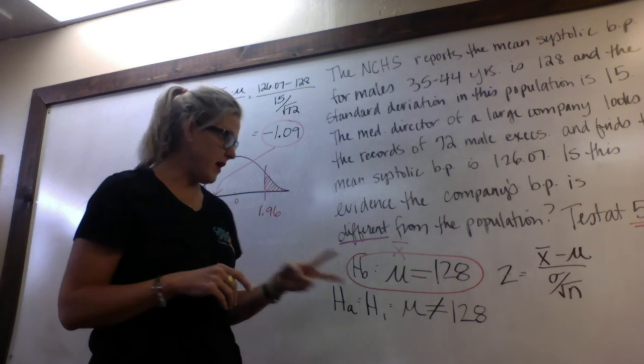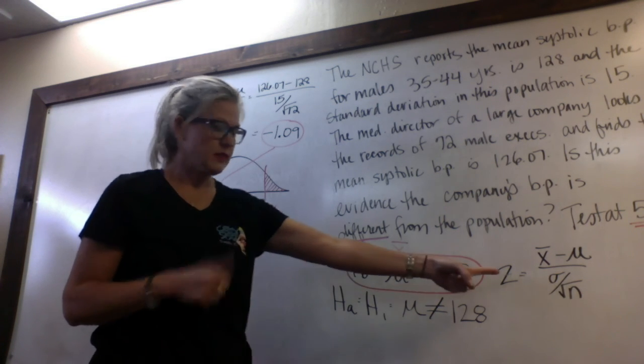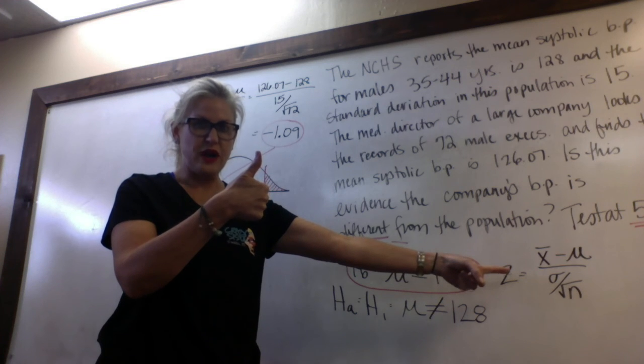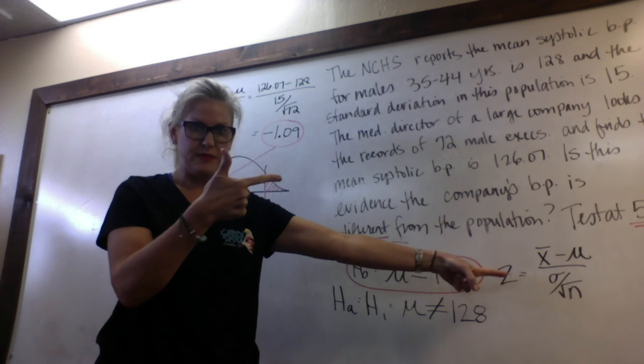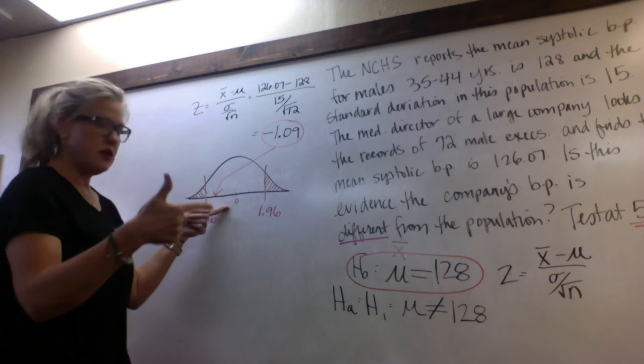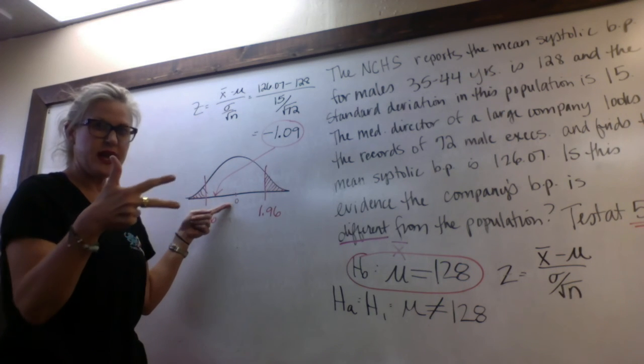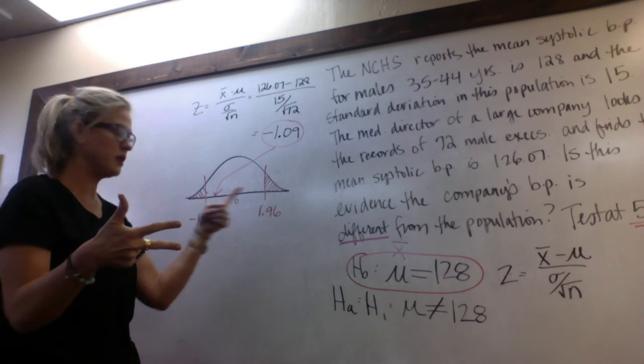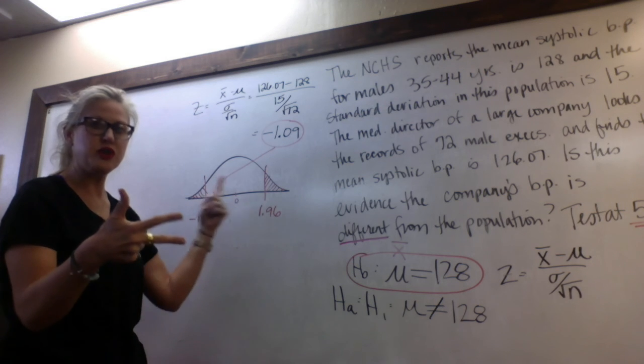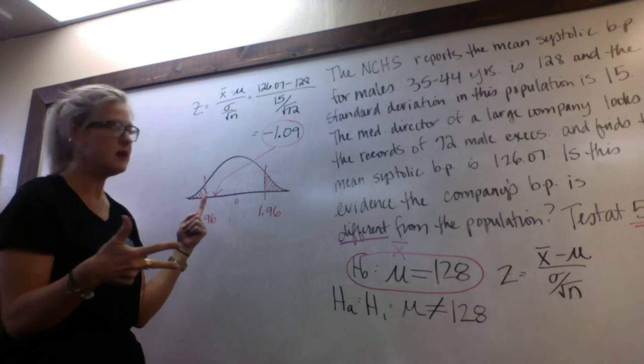So you state your hypotheses. Step 1, you figure out what test you're going to run. Step 2, you draw your curve and determine your critical value or values. That's your third step.